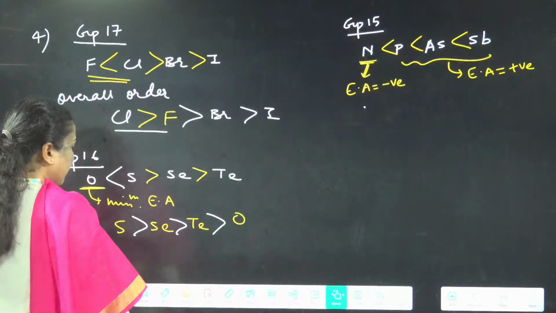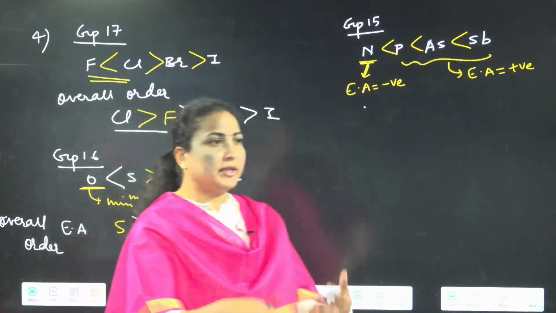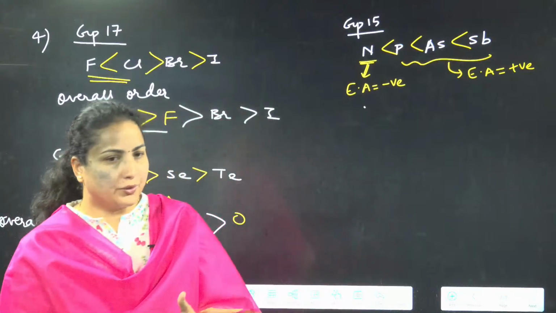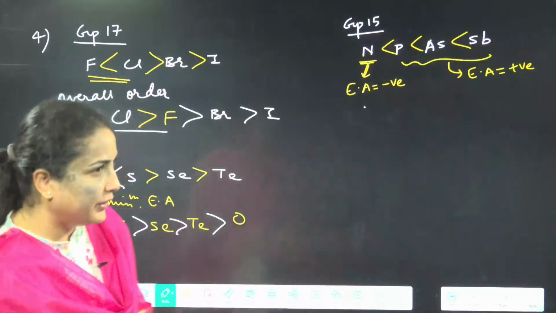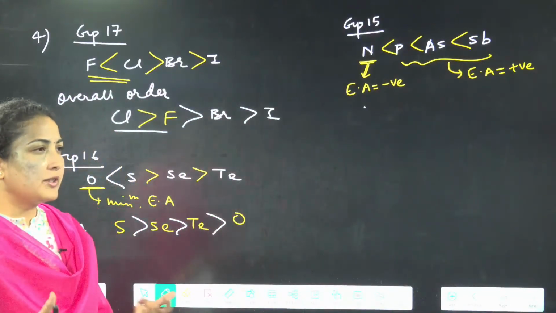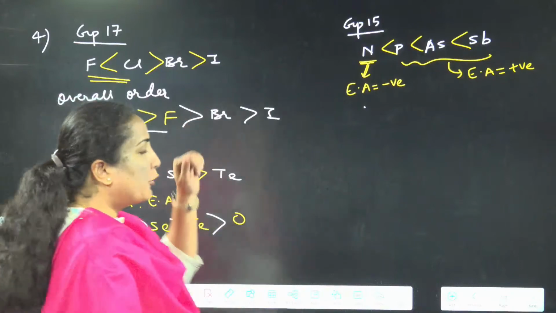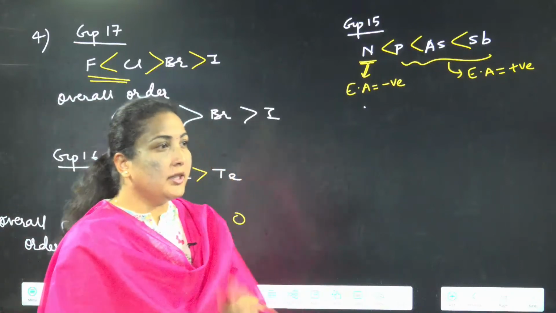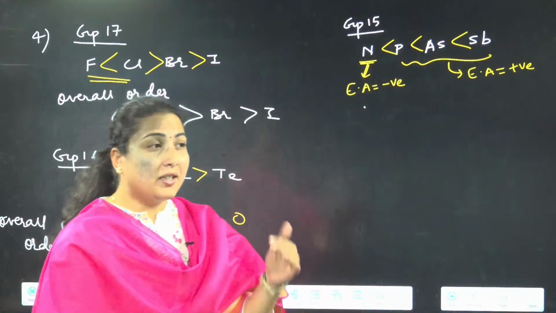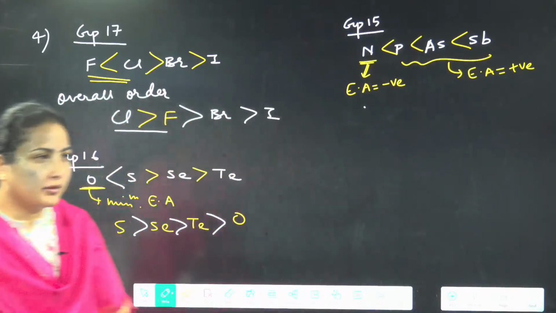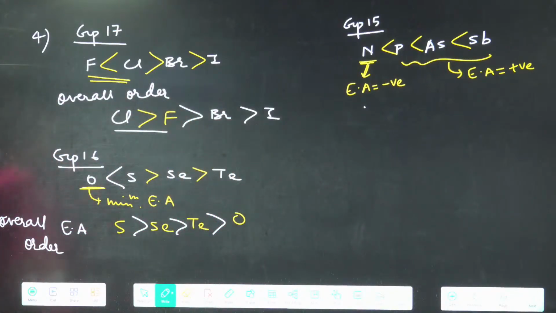You might get a doubt, ma'am, nitrogen doesn't show that electron affinity, so how come phosphorus, arsenic and antimony? When you look at phosphorus, you have a vacant 3d there, so it can accept the electron in that vacant 3d subshell. So please write this, then I'll give you one or two questions for this.